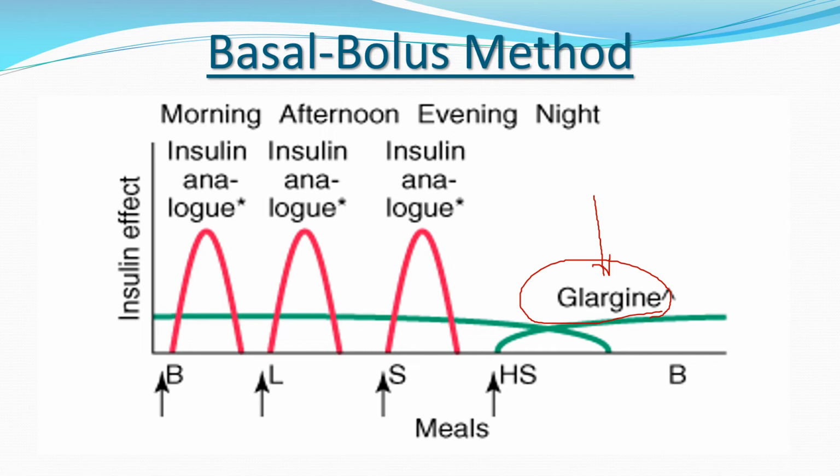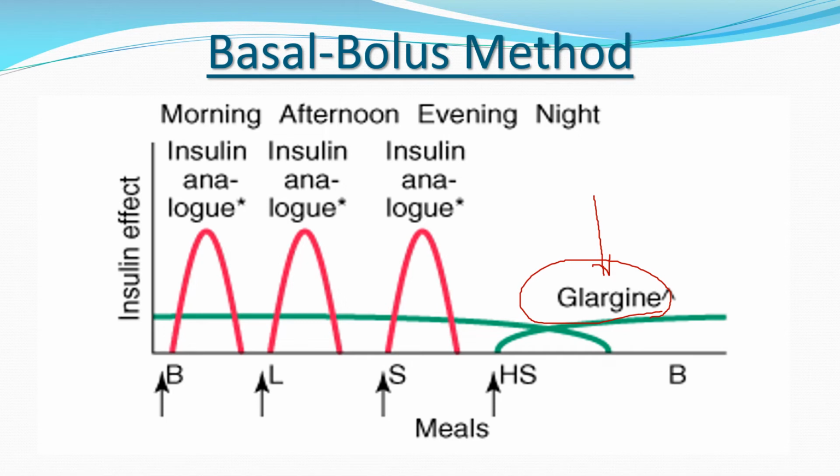Remember that one cause of fasting hyperglycemia is enhanced gluconeogenesis. So you can say that the basal insulin in type 1 diabetes aims at suppressing the gluconeogenesis, which is responsible for elevation of the blood glucose in a diabetic patient during fasting.